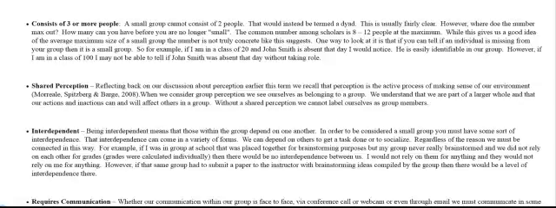Now, when we consider group perception, so more than just you, we see ourselves as belonging to the group. So we understand that we are part of a larger whole and that our actions and inactions can and will affect others in a group. So without a shared perception, we can't really label ourselves as group members.